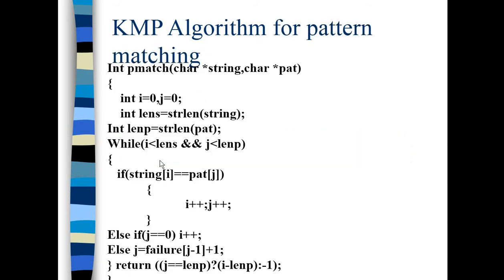That value we will add with 1. Once the pattern values are matched with the string values, we will find out from which character in the string the pattern is matched, and that we will return. So this is the way the KMP algorithm works.